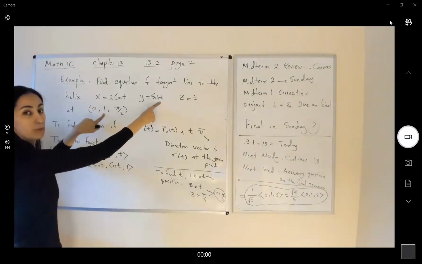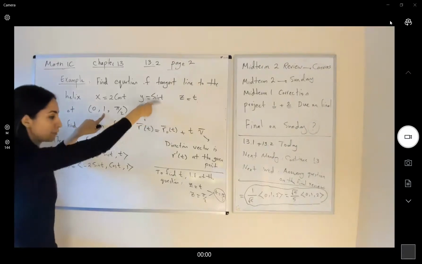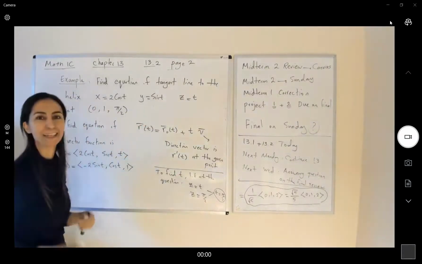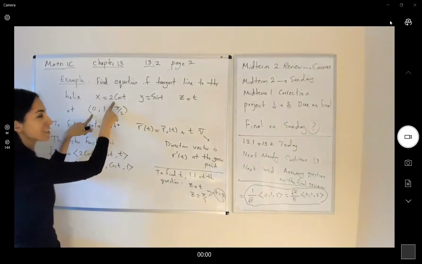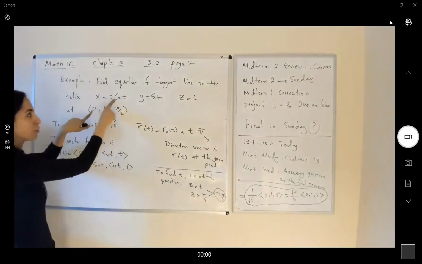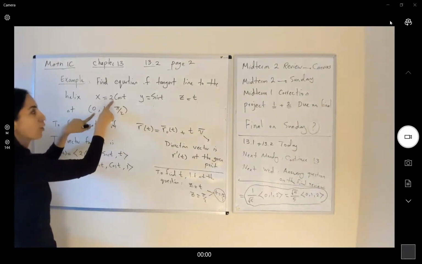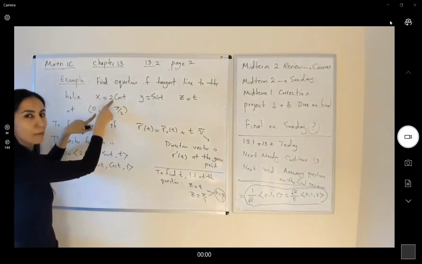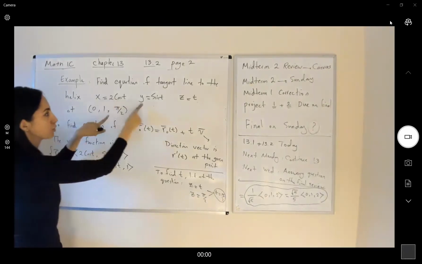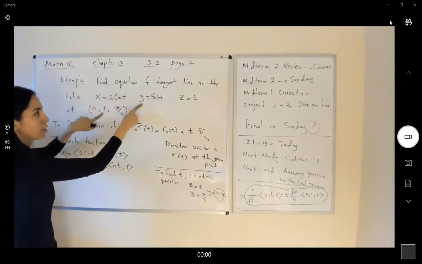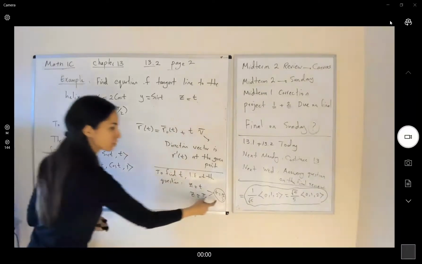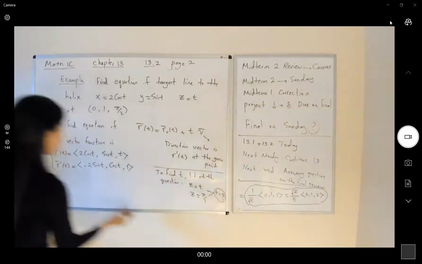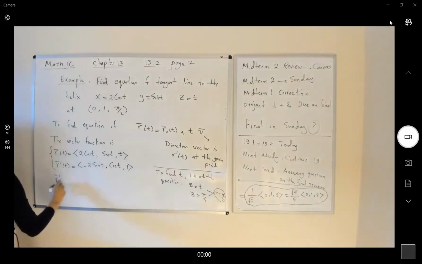Sine t is equal to 1. If you solve it, t is again pi over 2. You might also say that 2 cosine t is x, and x is equal to 0. 2 cosine t is equal to 0, cosine t is equal to 0, t is pi over 2. So you can use the first, second, or third component to find your t. So t is equal to pi over 2.